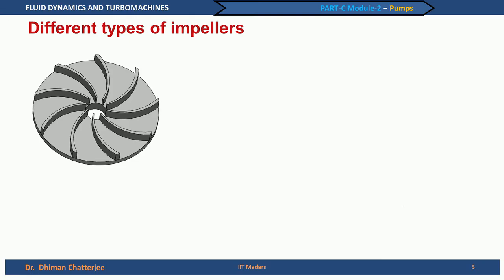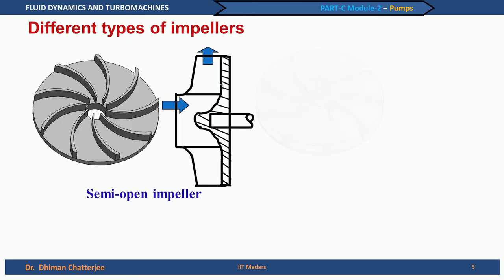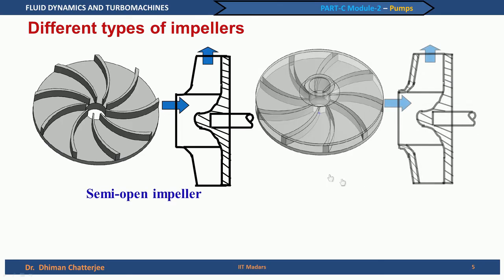As I have already discussed, let us just recollect what we have discussed in the earlier lectures. We have talked about a semi open and a closed impeller, and you can also see that at that time we had not introduced the meridional views. So, you can see in the semi open impeller the front shroud is missing, and this is also described in the meridional view.